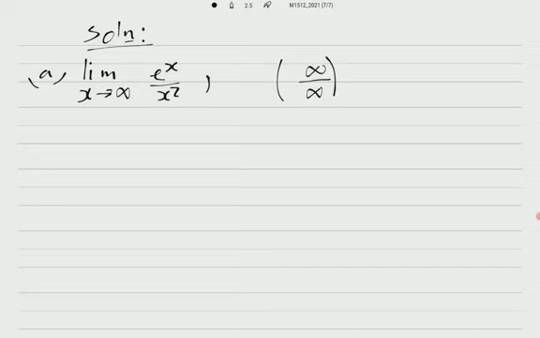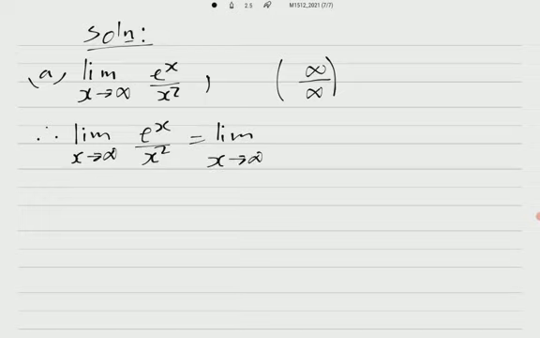So we can start saying, therefore, the limit as x goes to infinity of e to the x over x squared is equal to the limit as x goes to infinity of the derivative of the numerator expression, which is e to the x, divided by the derivative of the denominator expression, which is nothing but x squared.